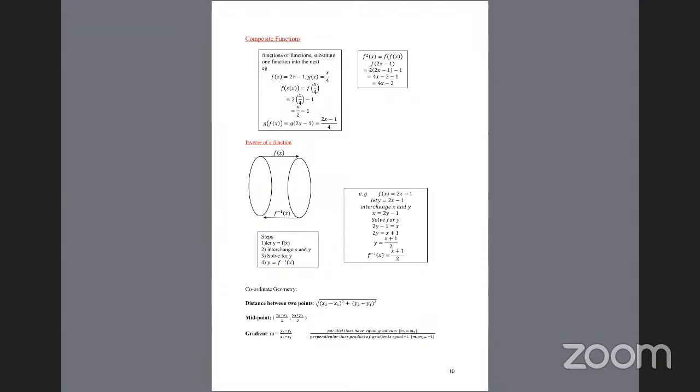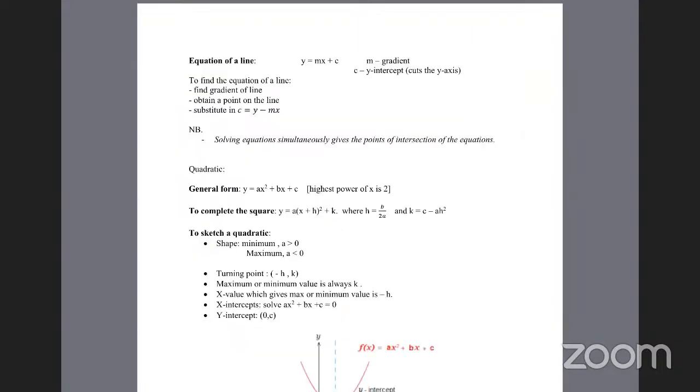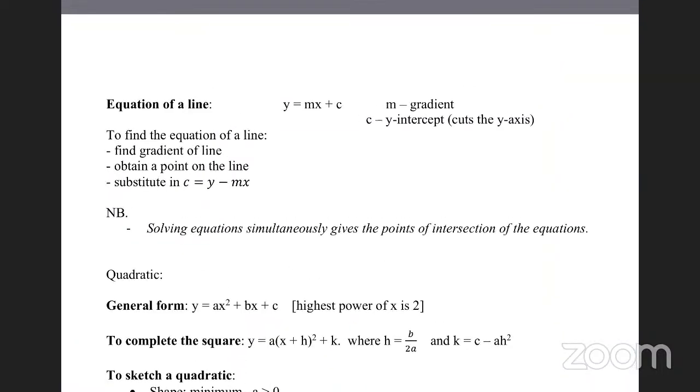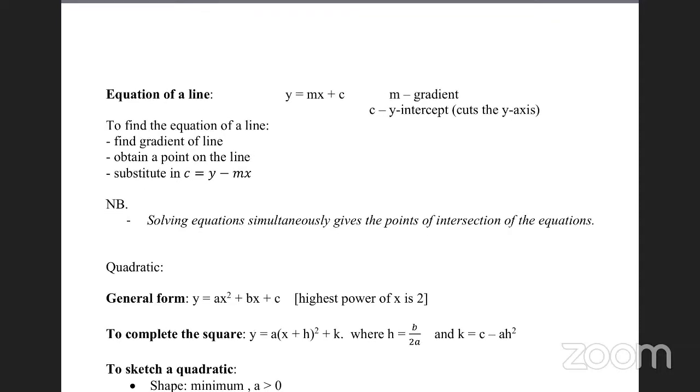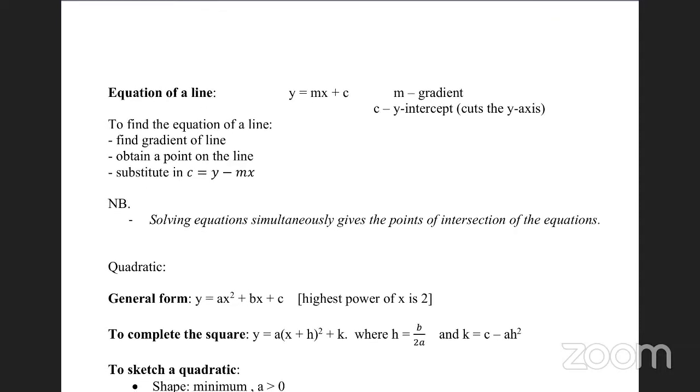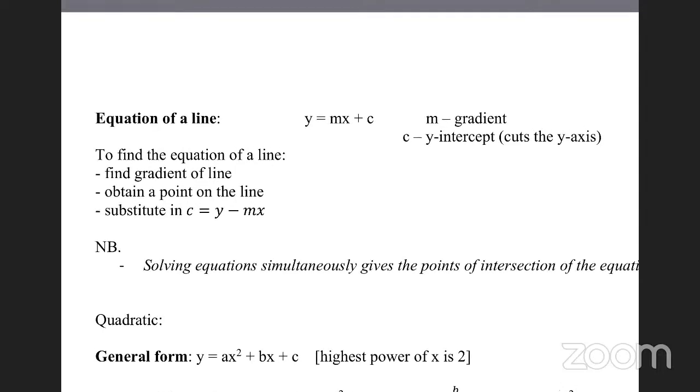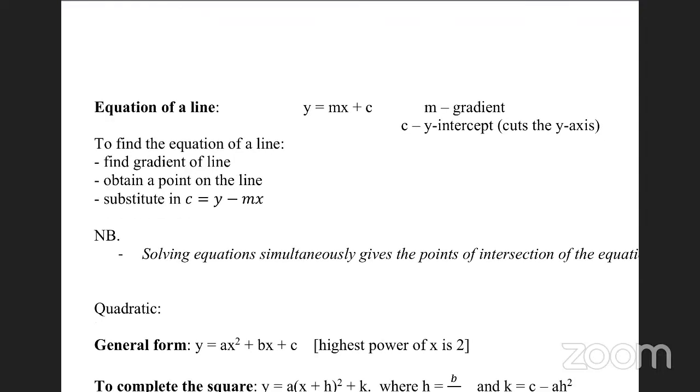Step number 2, find the y-intercept. Write that down, please: equation of a line. So to find the equation of a line, find the gradient, get a point, and find c.